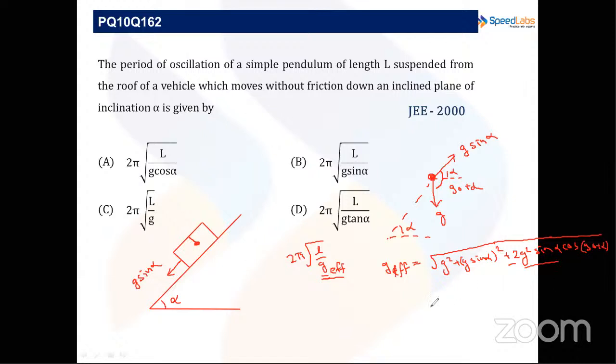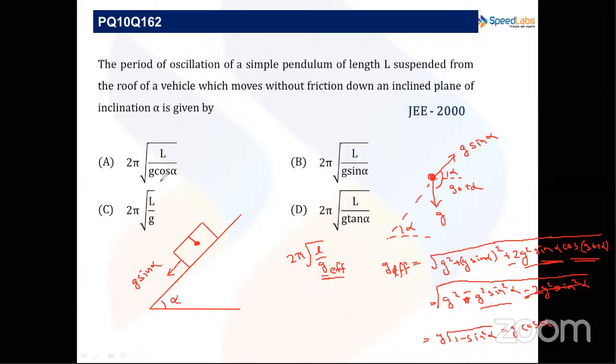So that gives me G square plus G square sine square alpha minus 2G square sine alpha into sine alpha, which is again sine square alpha. So G square sine square alpha minus 2G square sine square alpha. So this cancels out, and here we'll get a negative. G square I'm taking common, and it is 1 minus sine square alpha, and that is cos square alpha. So you get G cos alpha. So effective G will be G cos alpha.